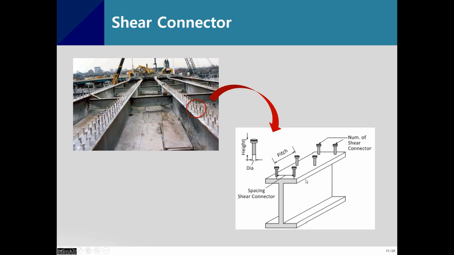As you can see on here, the pitch is just the spacing between the shear connectors along the longitudinal direction, and you can tell the program how many shear connectors you are going to use in a row, and also the spacing between the shear connectors in the transverse direction. And also you have to tell the program the height and diameter of the shear connectors, and the strength of the shear connectors.